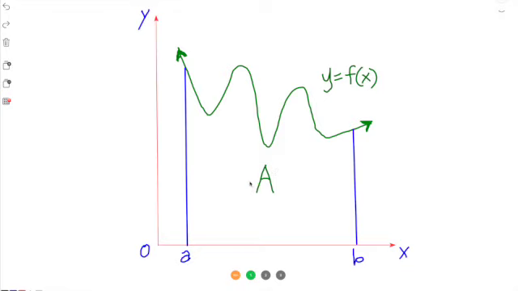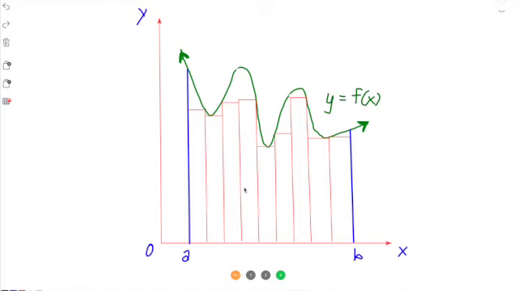So now how then could we define this area A or find this area A? What we are going to do is, on the same curve, we will inscribe polygons, particularly rectangles, under that particular curve. We all know that the area of a rectangle is just equal to length times width.